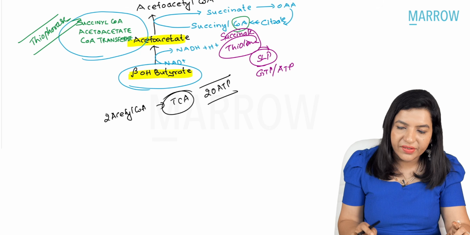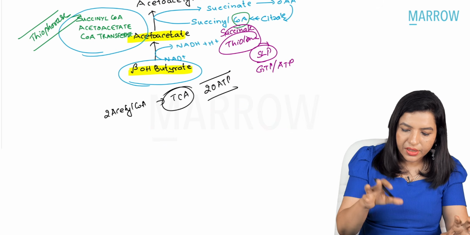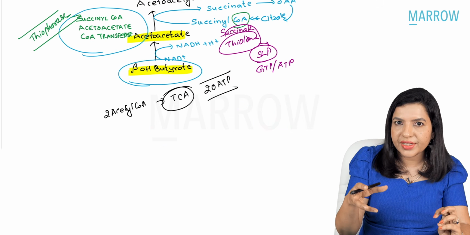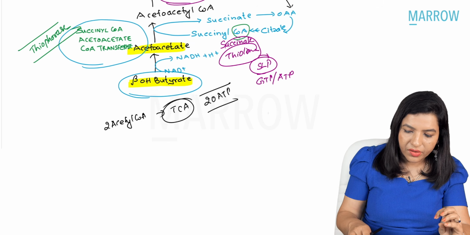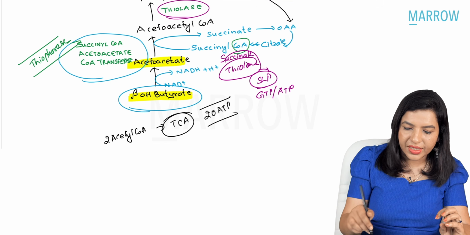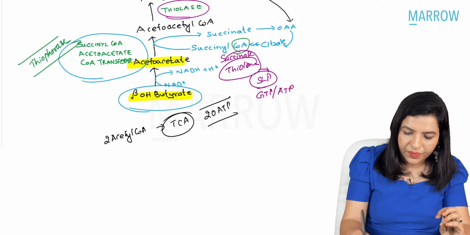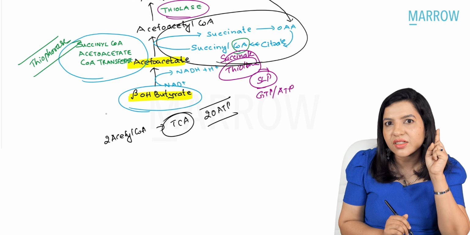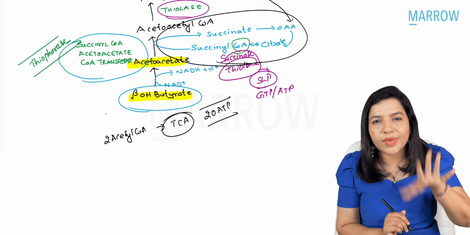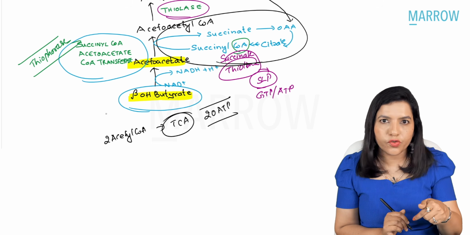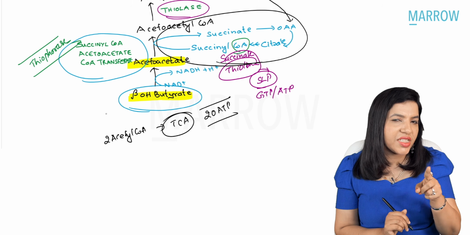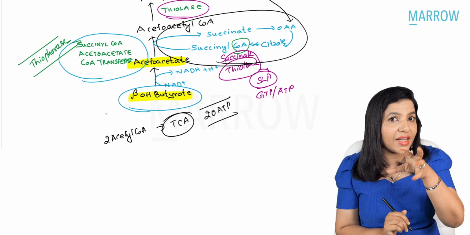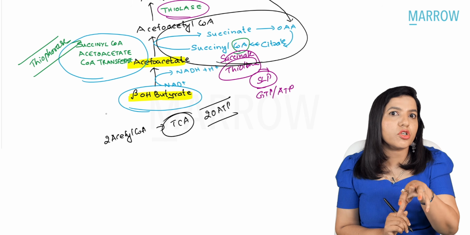But here what we have seen is that from 2 acetyl coenzyme A we are getting 20 ATPs. But one step of the TCA cycle is altered, or it's replaced by another step called thiophorase for ketone body utilization, which means that one ATP is not generated here because that substrate level phosphorylation is not taking place.